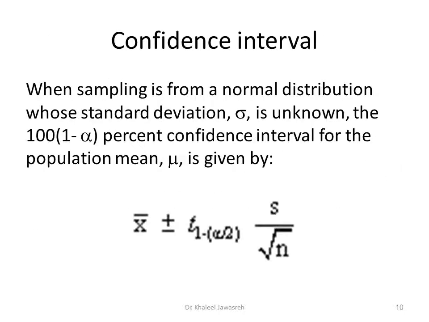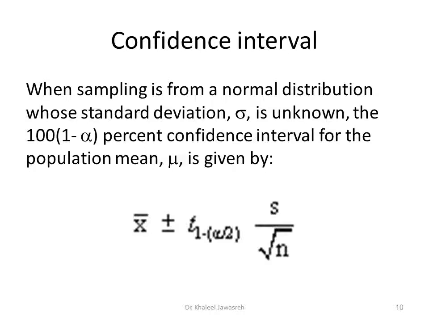When sampling is from a normal distribution whose standard deviation sigma is unknown, the 100 times 1 minus alpha percent confidence interval for the population mean mu is given by x bar plus or minus t at 1 minus alpha over 2, times the standard error, which is the standard deviation over the square root of n. So this is the main formula that has been used.